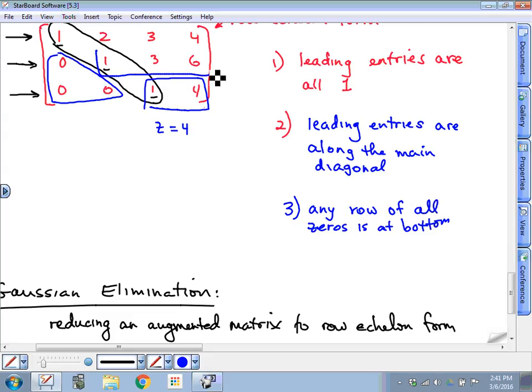And if you come up here, this represents the equation y plus 3z equals 6, but now that you know that z equals 4, 3 times 4 is 12. If you take 12 from 6, you get y equals -6. And then you can go up to the top row and find the value for x.